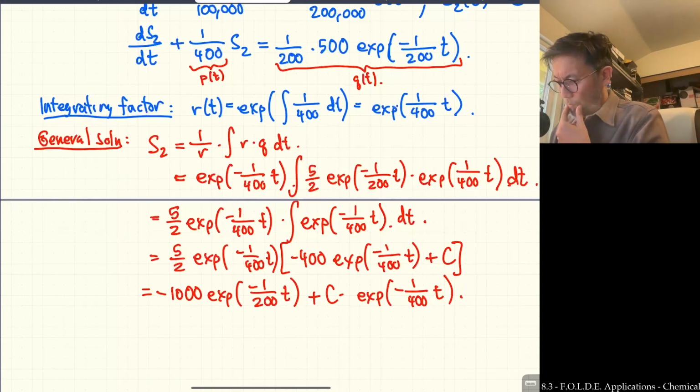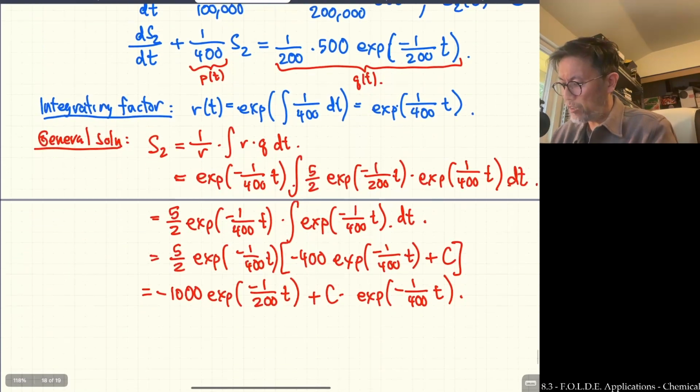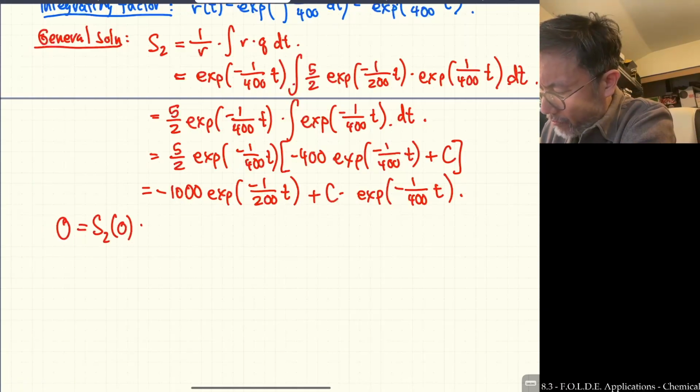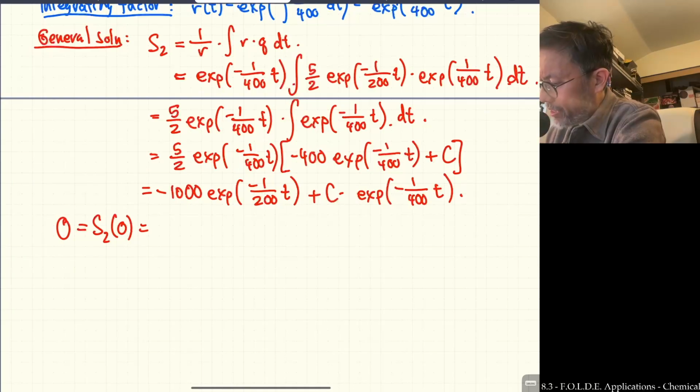All right, good. And then we can use the initial condition that S2 of 0 is 0. So 0 is equal to S2 of 0. And what that means is this exp right here becomes 1, that exp becomes 1.